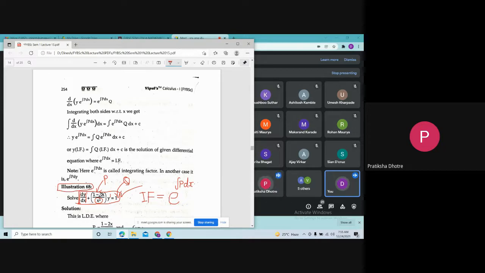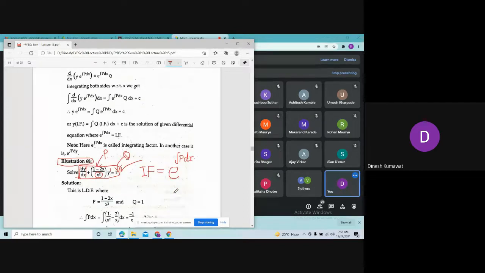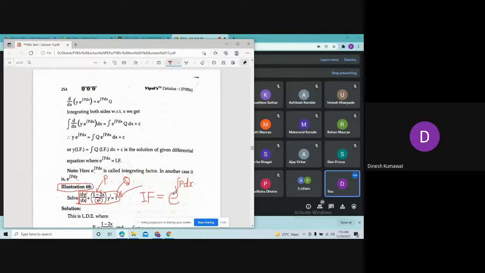What is P? P is (1 minus 2x) upon x square. So tell me what is the integration of this term? What is the integration of (1 minus 2x) upon x square?